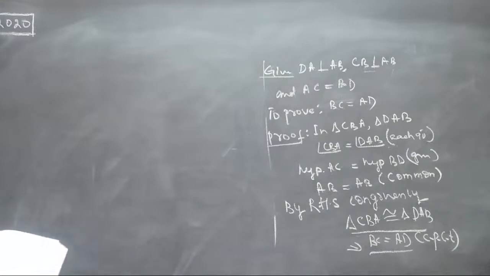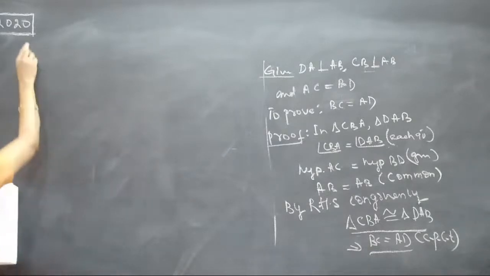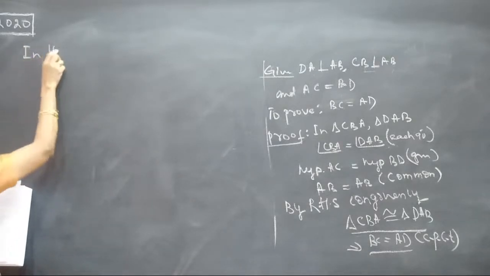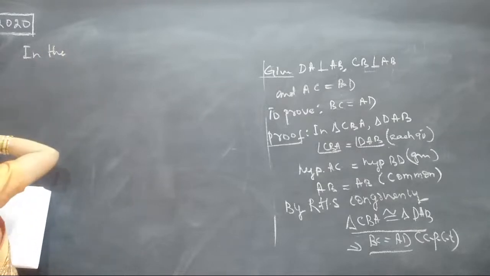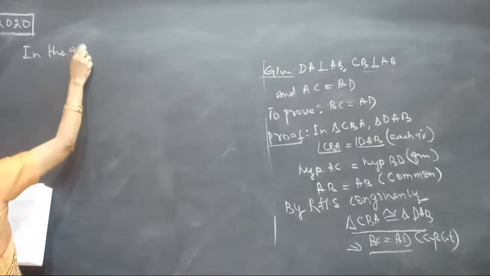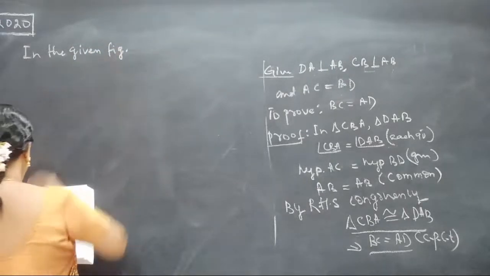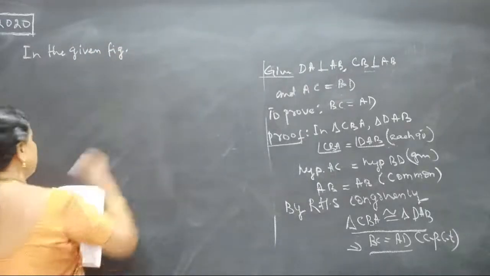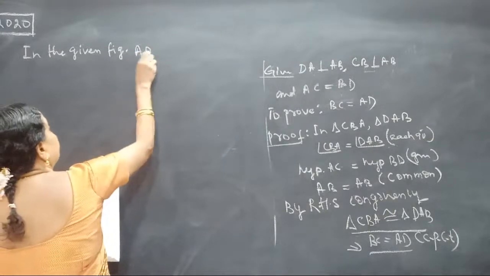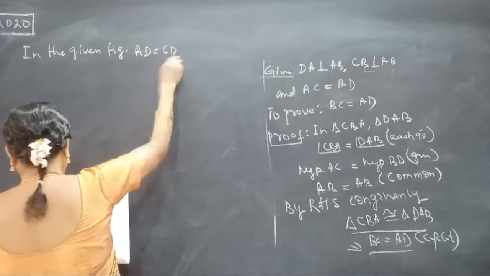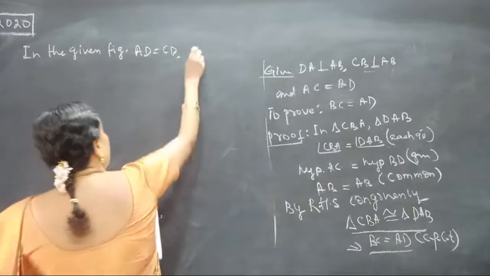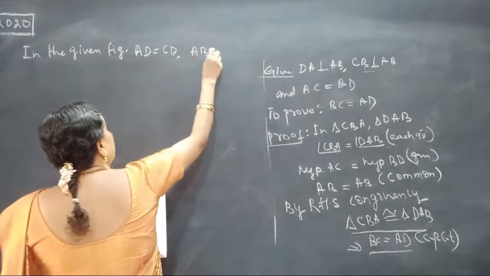Here it is given. In the given figure, AD equals CD, AB equals CB.